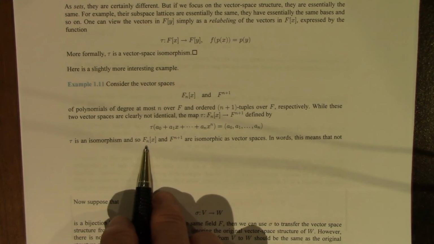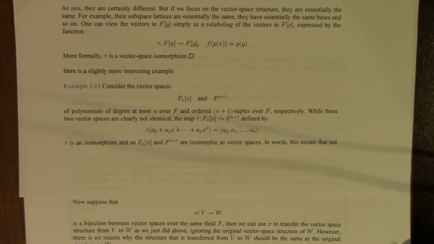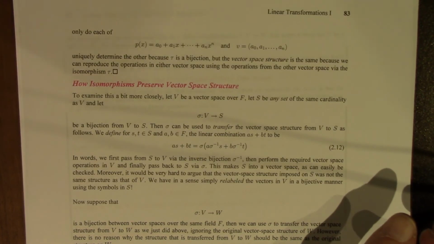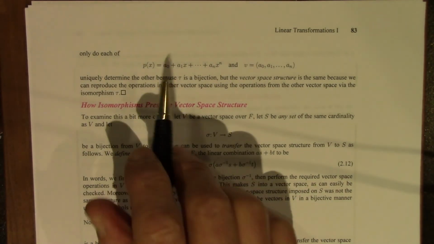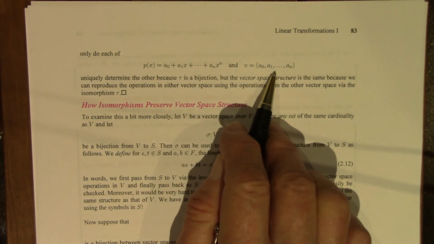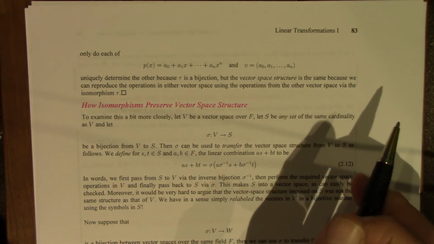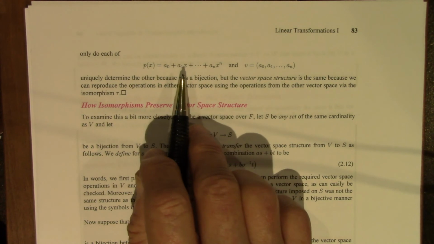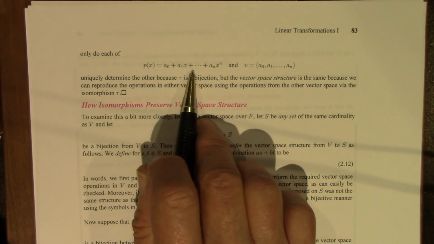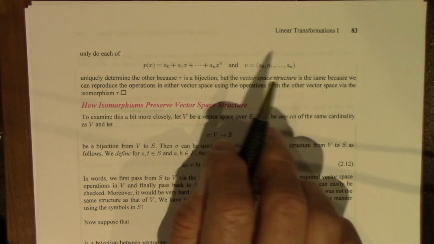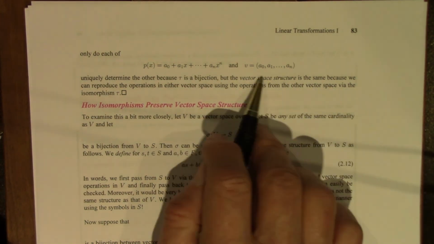This is an isomorphism between these two vector spaces, and so these vector spaces are isomorphic. In other words, they are also essentially the same. Of course, a polynomial uniquely determines its coefficients and vice versa, because tau is a bijection, but the vector space operations are compatible. You can add two polynomials and then just look at their coefficients, or you can first look at the coefficients and add those coefficients together, and it comes out the same.